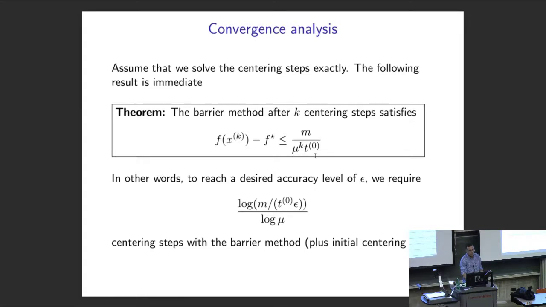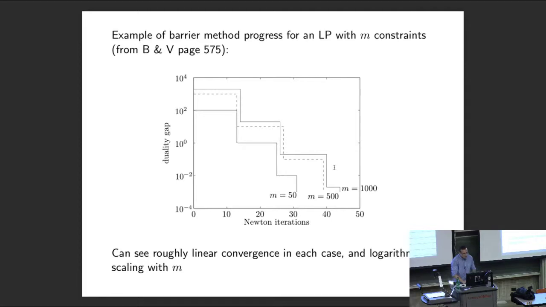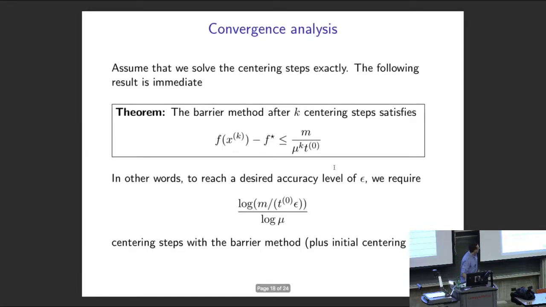The fact that it was multiplicative led to this contraction factor, something to the power of k, as the right-hand side for the suboptimality gap, and then flipped around in terms of epsilon. That's how many iterations I need. So it's not really telling you why the barrier method works. This is just a consequence of the updating scheme.